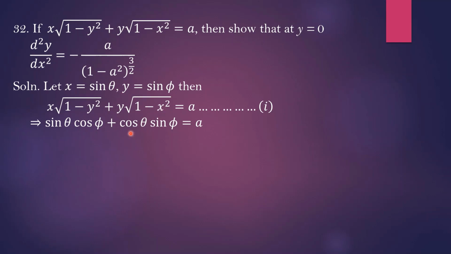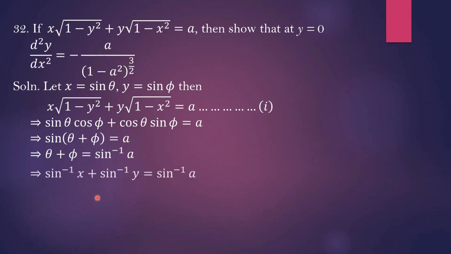And this is the formula for sin a plus b formula, so we write sin of theta plus phi is equal to a, and so theta plus phi will be equal to sin inverse a. And now replace the value of theta and phi from here. Theta is equal to sin inverse x and phi is equal to sin inverse y. We put that two values, and then you can differentiate now.